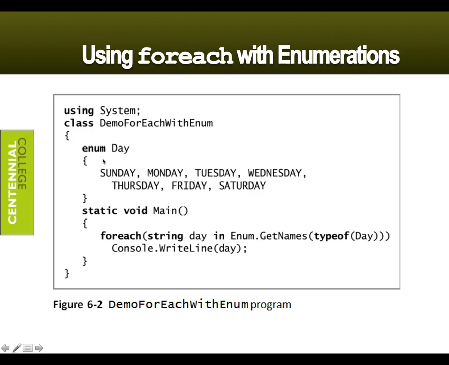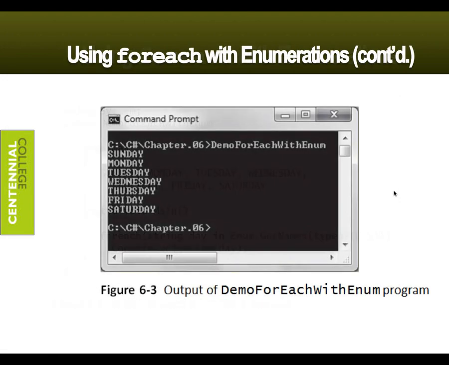GetNames gets the names of the values of type Day. Console.WriteLine day actually writes out the name of the enumeration. So it would say Sunday, Monday, Tuesday. Not really a great thing, see? That's what the result is: Sunday, Monday, Tuesday, Wednesday, Thursday, Friday, Saturday.